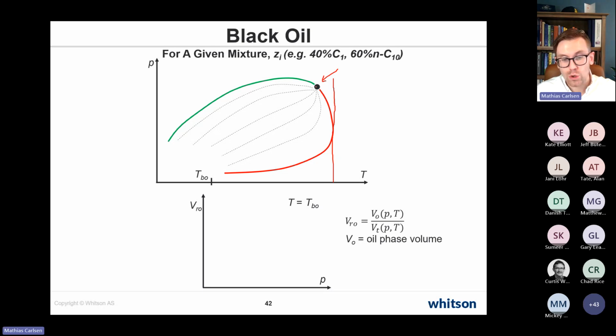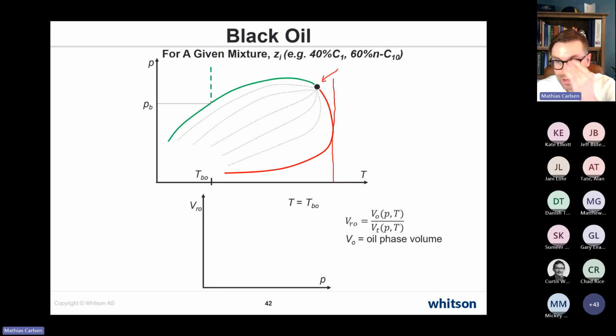In this case, we're to the left of the critical point, and we're dealing with green points. That's what we call a bubble point. As we reduce the pressure, we hit the bubble point, and then gas is coming out of solution.